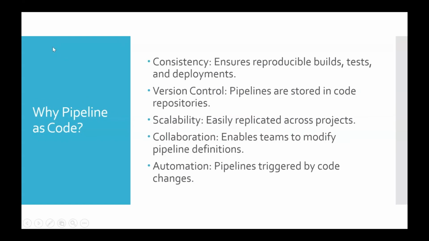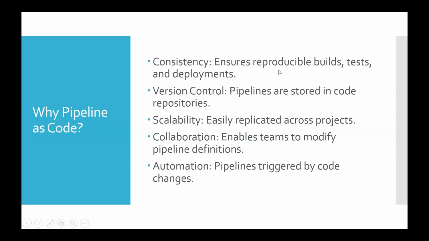Now let's discuss why pipeline as code is needed. So this provides us so many benefits. The first one is consistency. If you are creating your pipelines with pipeline as code, you can achieve consistency.